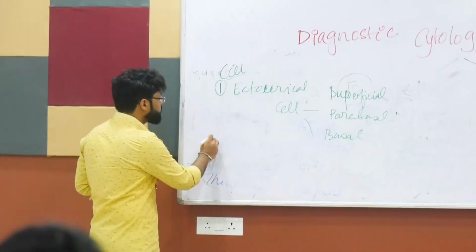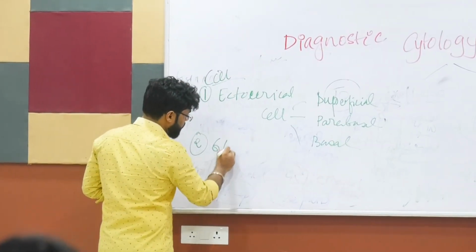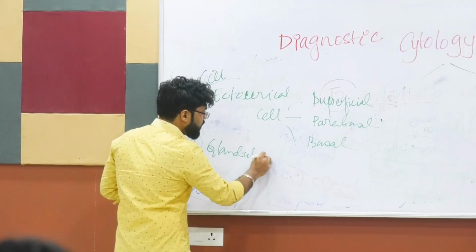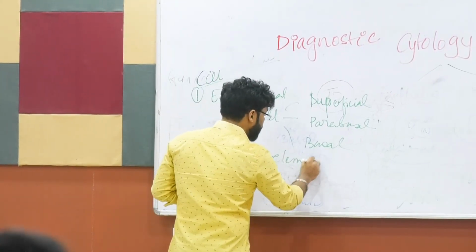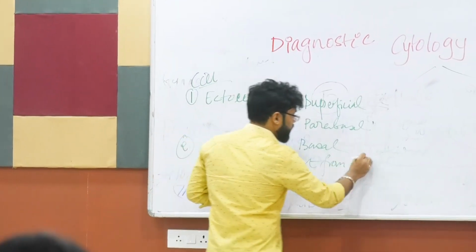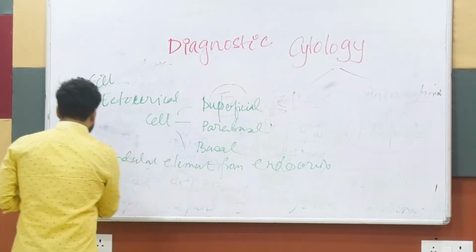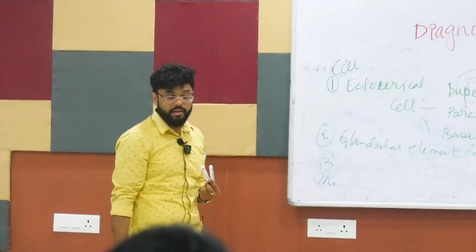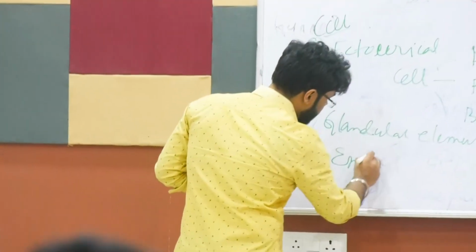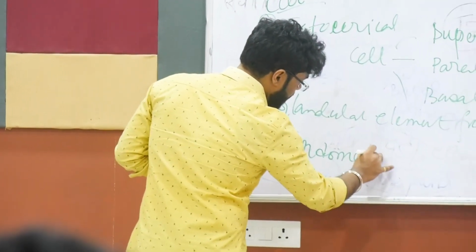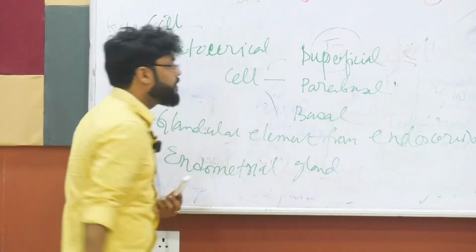Next, endocervical glandular element, glandular element from endocervix. And the third type of cell could be endometrial gland. Endometrial gland could be present.